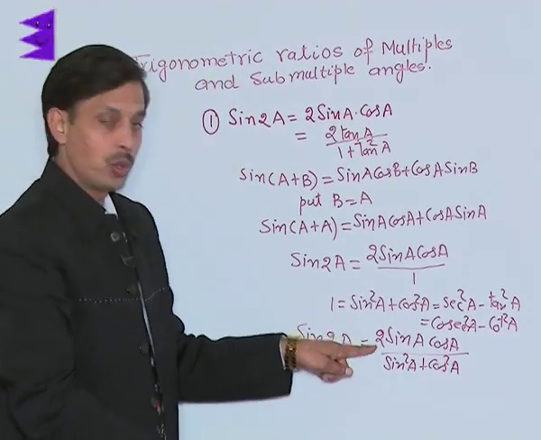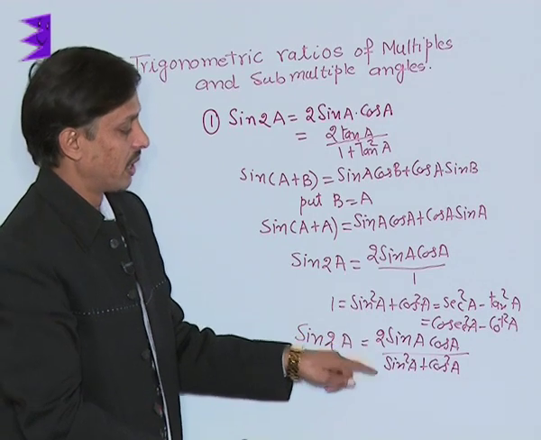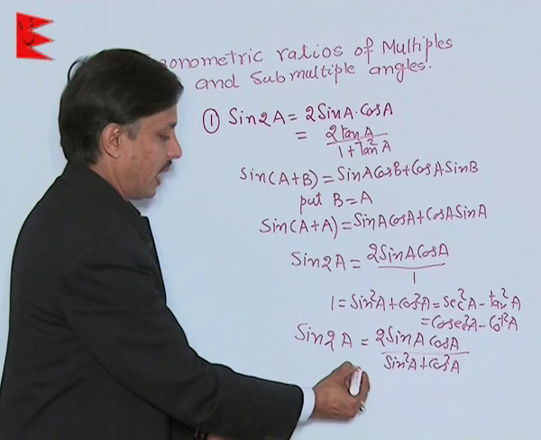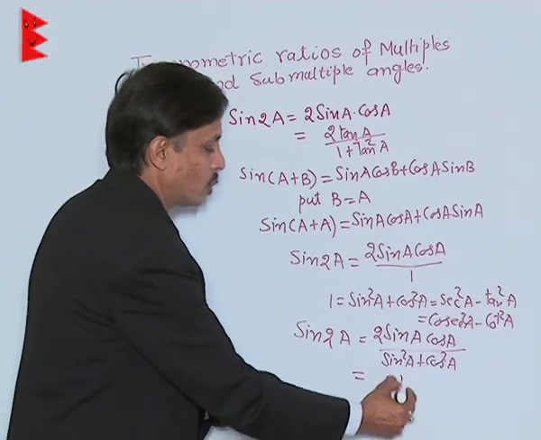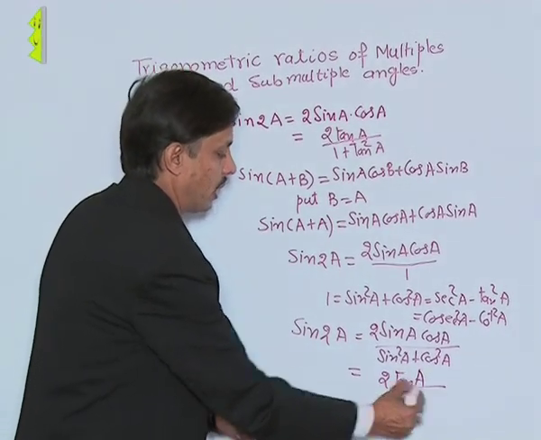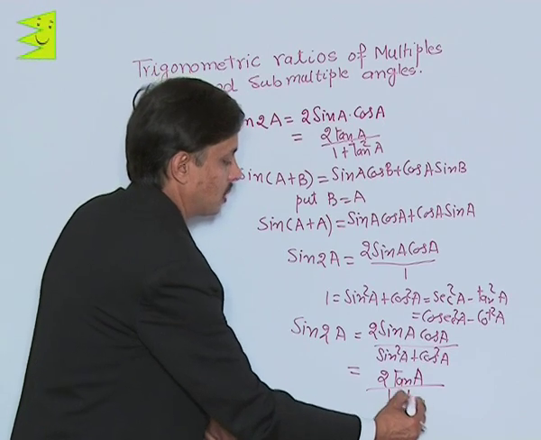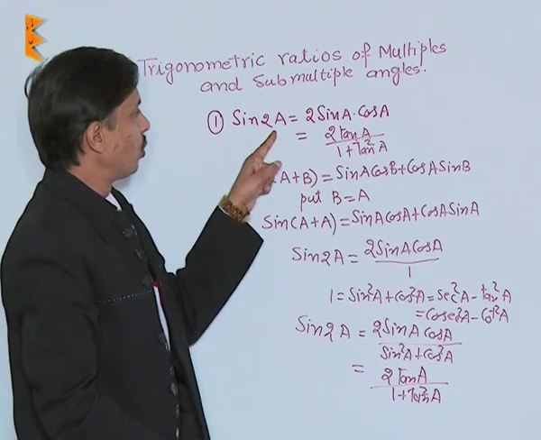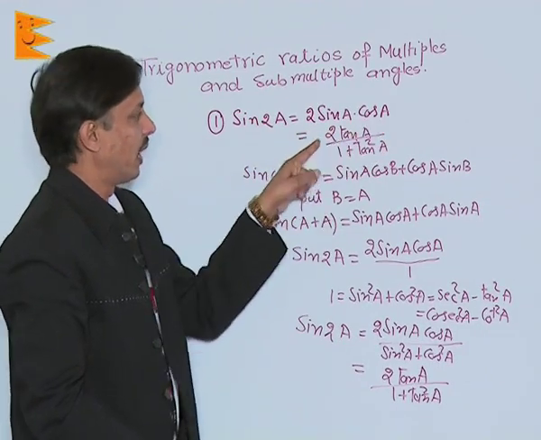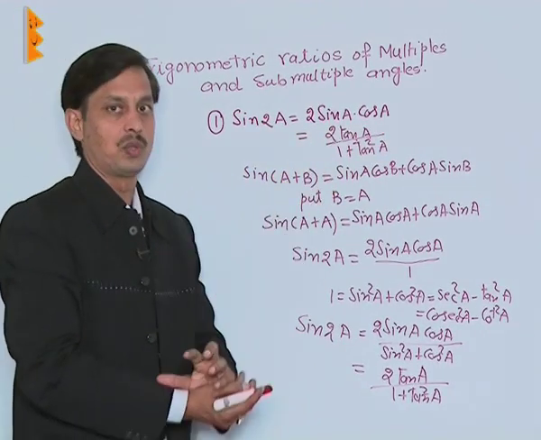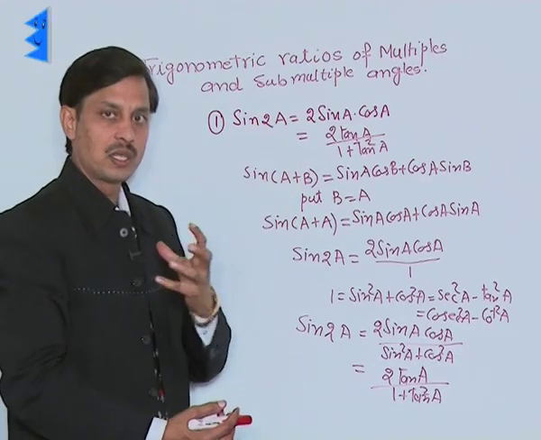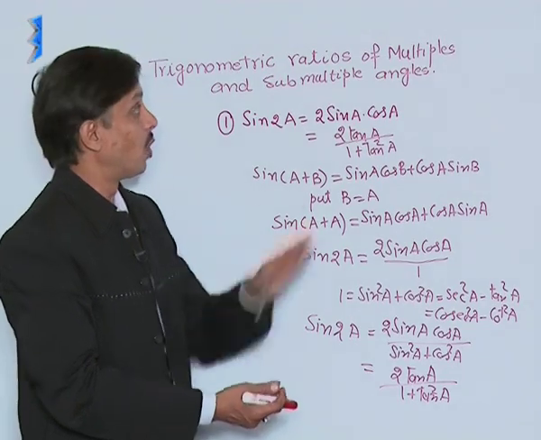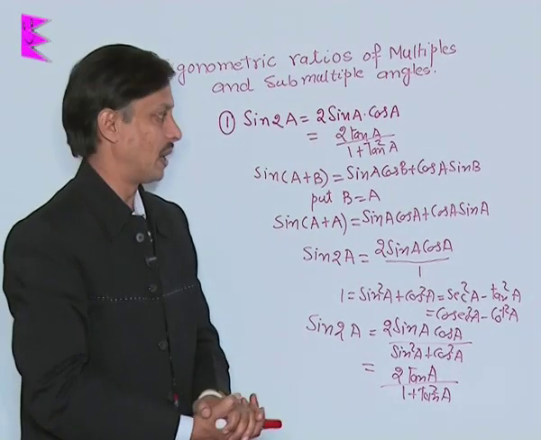If I ask you to divide numerator and denominator both by cos square a, then this result will reduce to 2 tan a upon 1 plus tan square of a. So sine 2a is equal to 2 sine a cos a and 2 tan a upon 1 plus tan square a. This is the first result which is required to solve the problems based on multiple and submultiple angles.